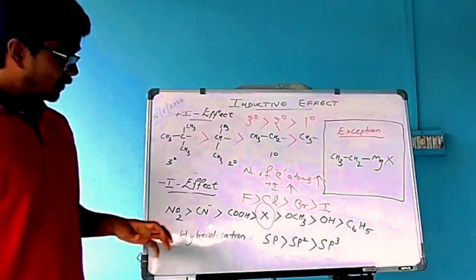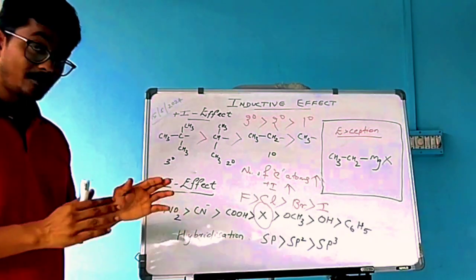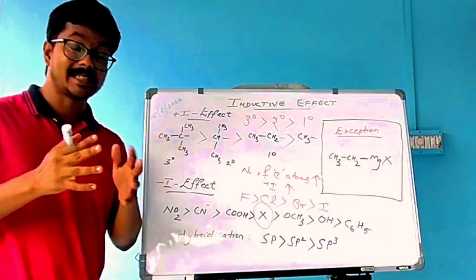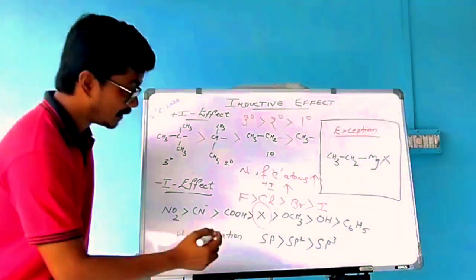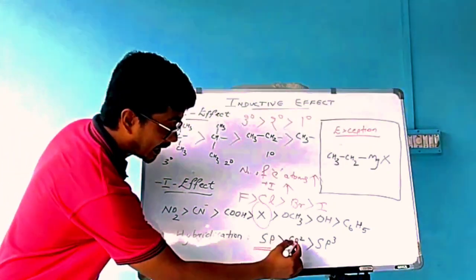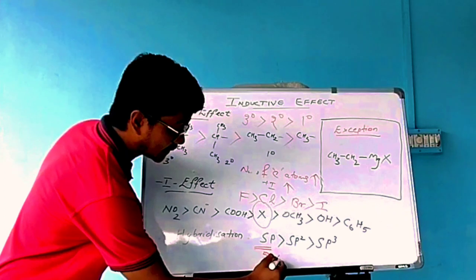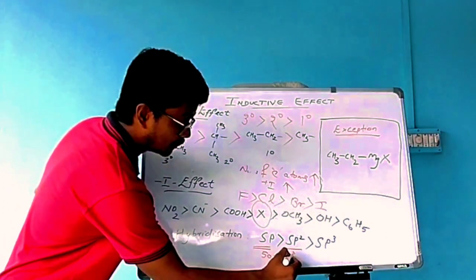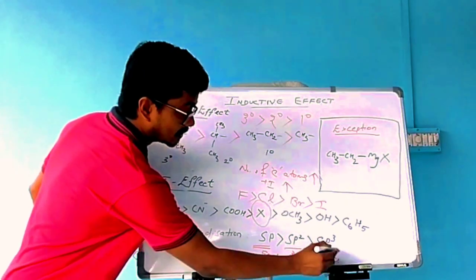The minus I effect of a group also depends on the hybridization, where there is a very high s character. When the s character is more, the minus I effect is also very high. So sp hybridization possesses a very high minus I effect compared to sp2 and then sp3. In sp hybridization, s character is 50%, in sp2 it is 33%, and in sp3 it is 25%.